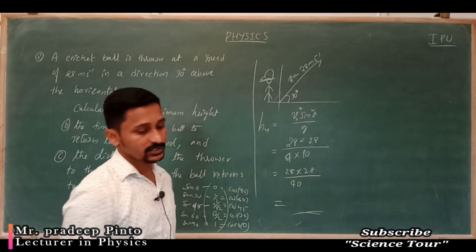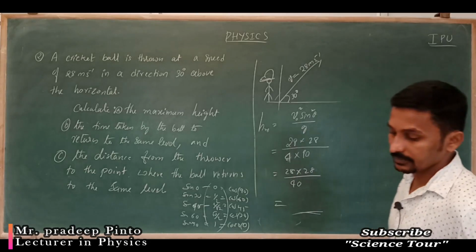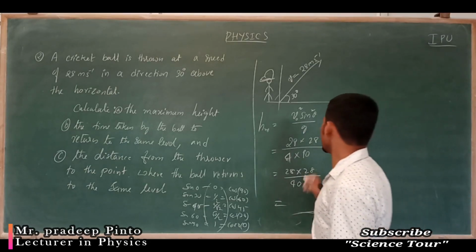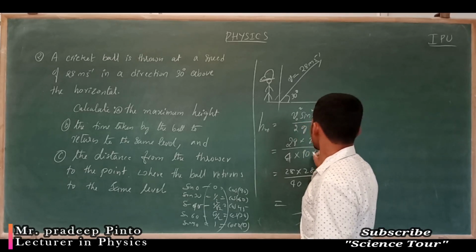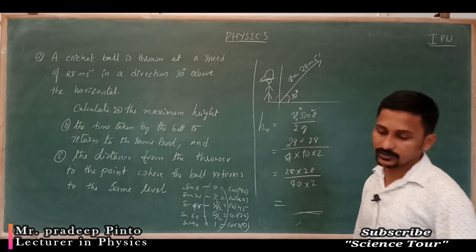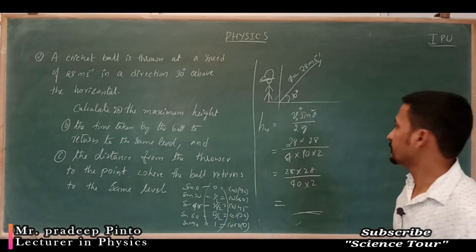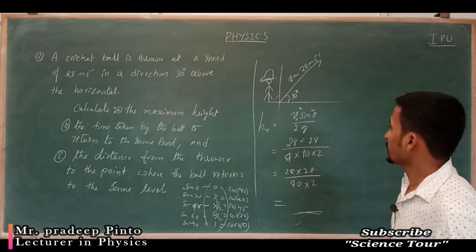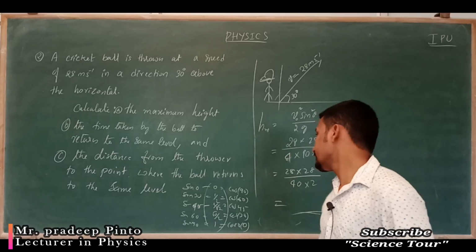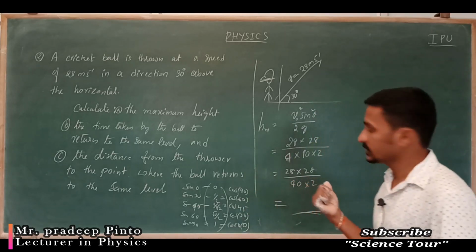HM is equal to V naught square sin square theta divided by 2G, isn't it? This is the direct formula that we have derived: HM is equal to V naught square sin square theta divided by 2G, that is for maximum height. So do this.